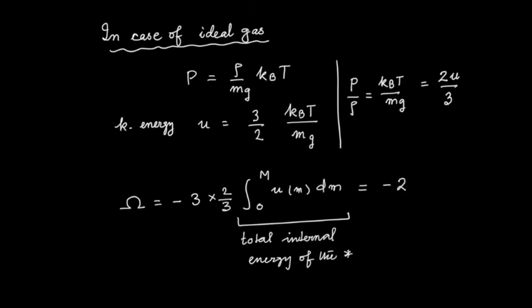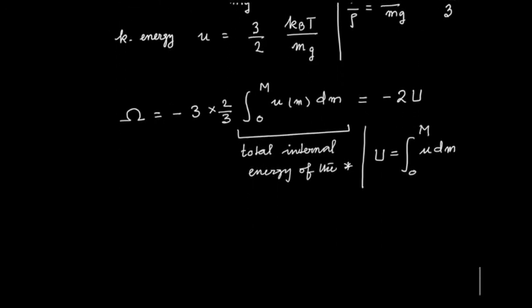So this is minus 2 times U, where U is defined as 0 to m u dm. So this is another form of the virial theorem, where 2 times the total internal energy plus the gravitational potential energy stays as 0.